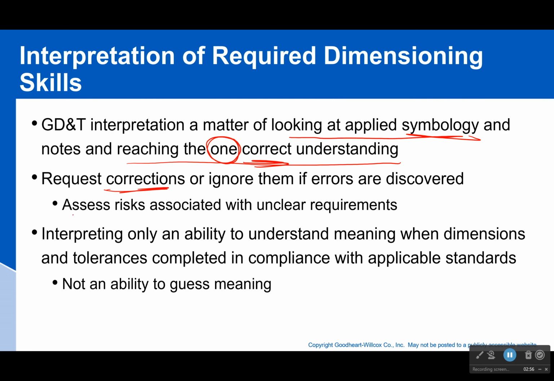And always, always, always assess risks associated with unclear requirements. It might not be your job to make that drawing, but if there's an unclear requirement, you have to assess the risk. Is it worth sending it back to the engineer to fix it, rather than sending it off and having it possibly not work? For example, if I tell my son, can you go to the cabinet and grab my hammer? I'm not too worried about him coming back with the wrong tool. He's 3 years old.